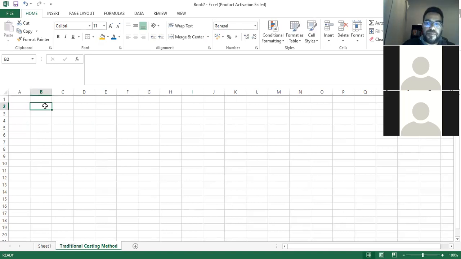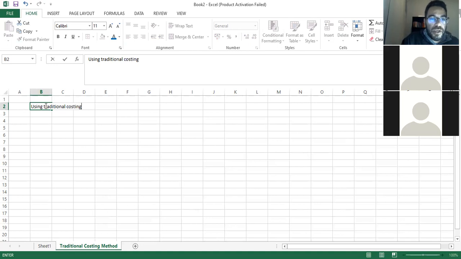When you use the traditional costing method, to allocate fixed manufacturing overheads to a product, we need to calculate fixed overheads applied.